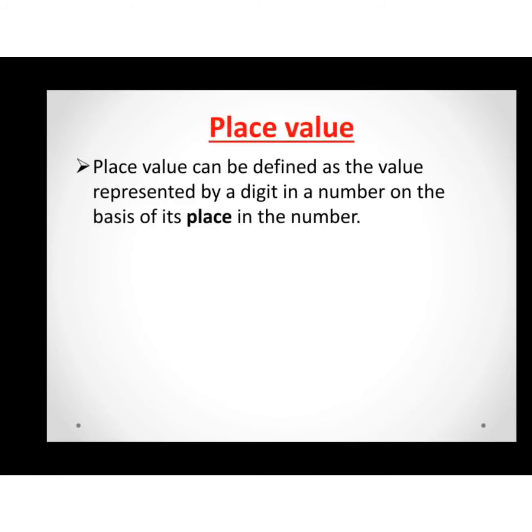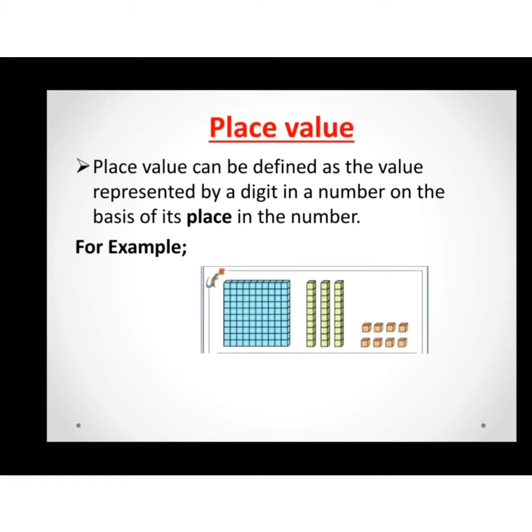Place value can be defined as the value represented by a digit in a number on the basis of its place in the number. For example, here we have 1 block of 100, 3 blocks of tens and 8 blocks of ones.